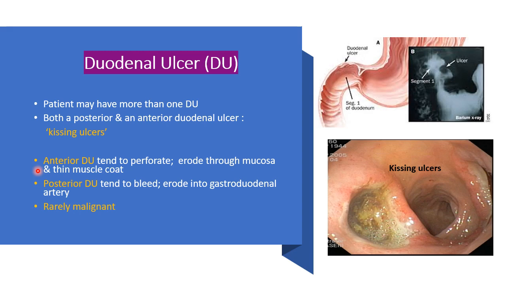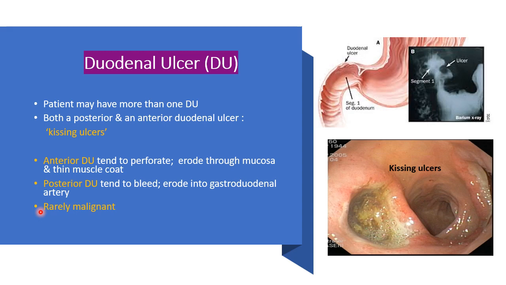The anterior ulcers tend to perforate, as they erode through the mucosa. The posterior duodenal ulcers tend to bleed as they erode into the gastroduodenal artery, which runs on its posterior surface. The important factor is that duodenal ulcers are rarely malignant.